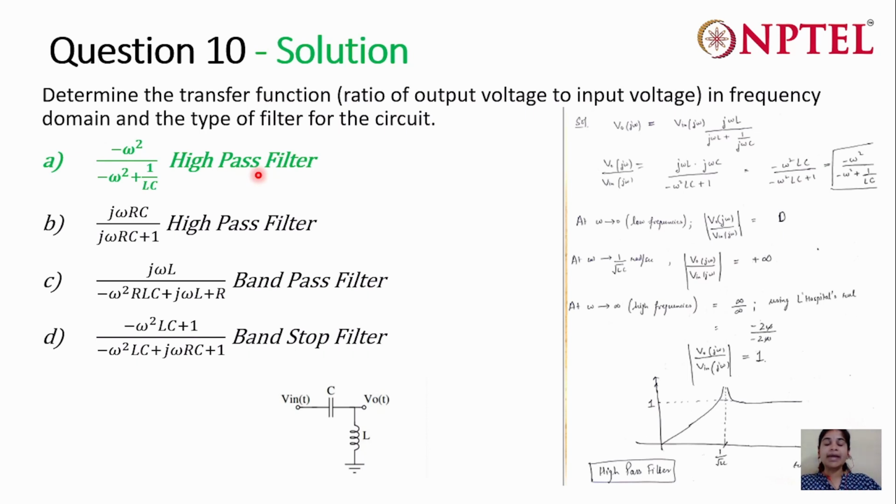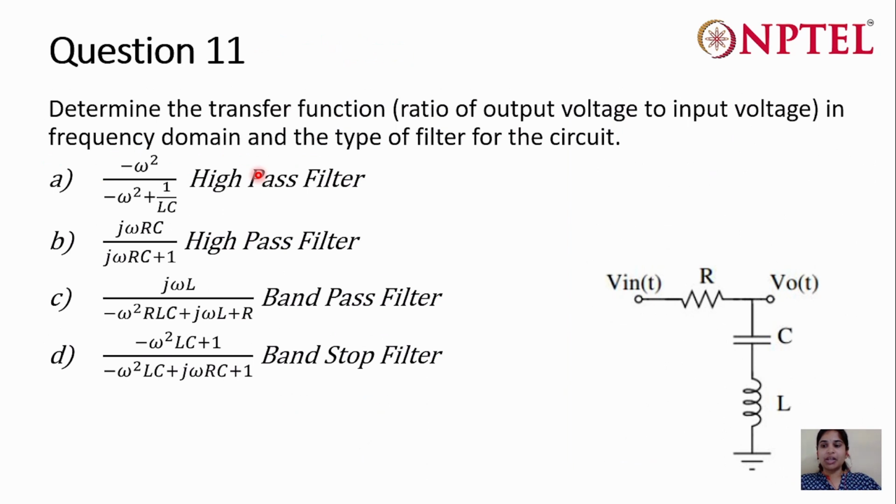Now, how can we write the equation when you have a combination like this? So we have R and then L and C like this.